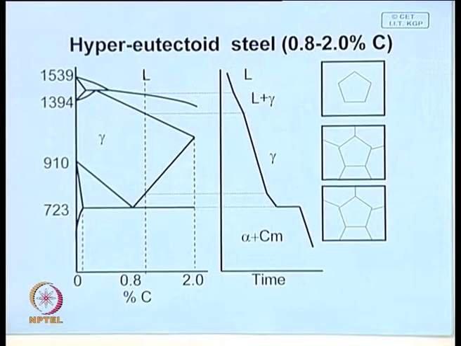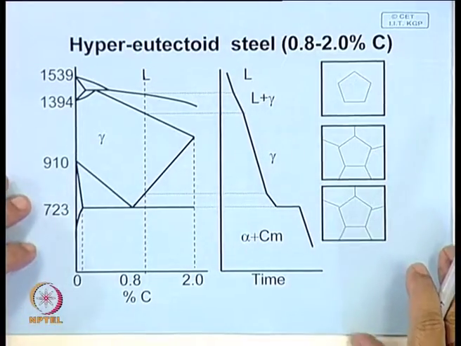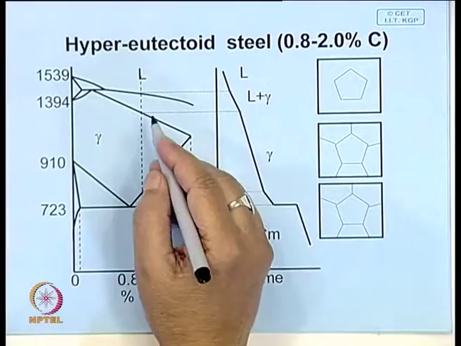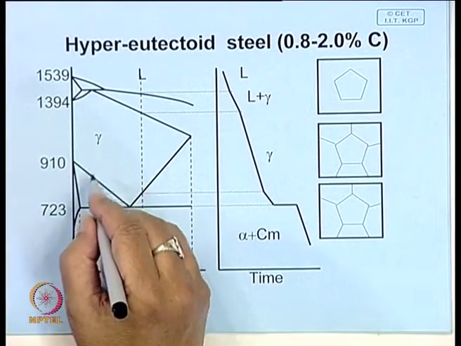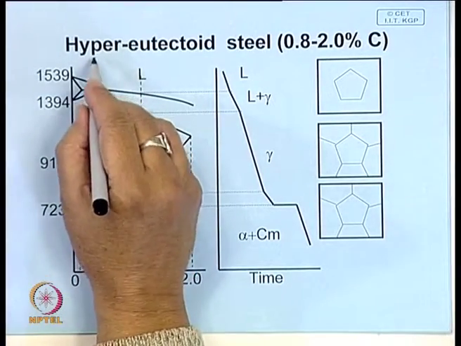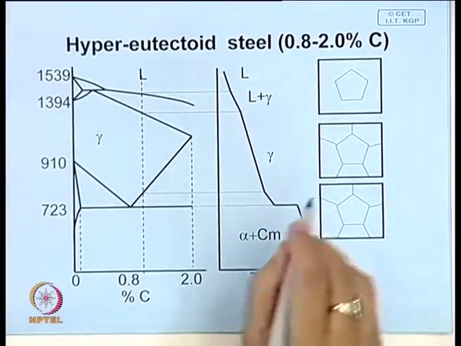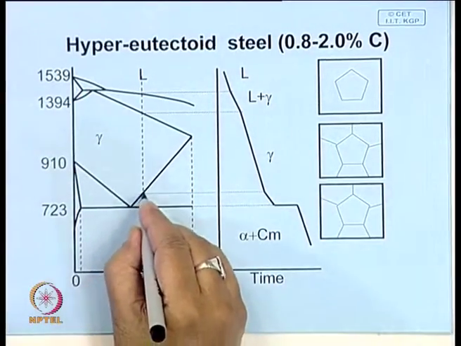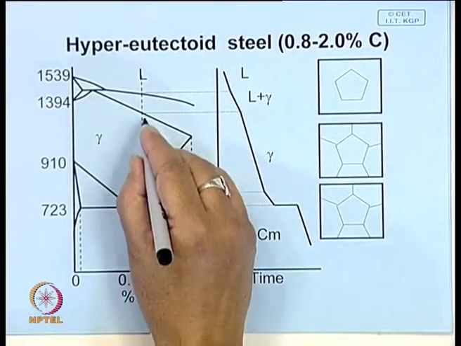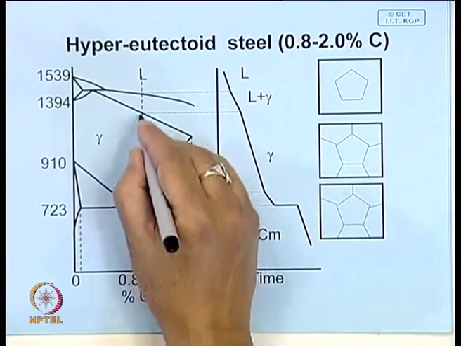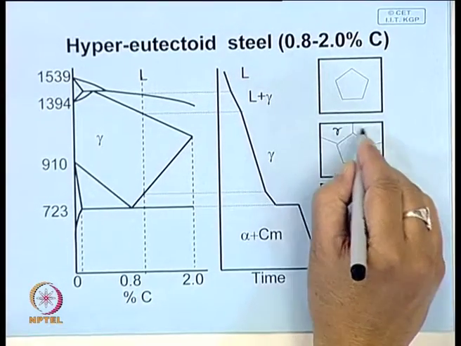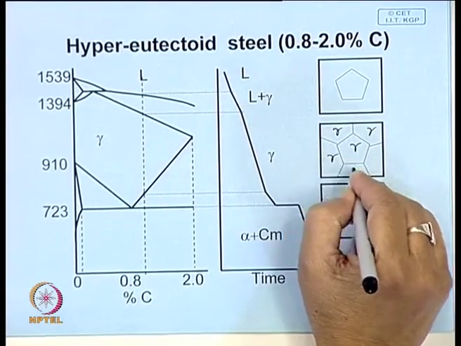Now, how about the structure of a hypereutectoid steel? Here the process of transformation will be exactly similar to the one that we considered in the case of hypoeutectoid steel. Here again the cementite will start precipitating out at the temperature, say, until here it is normal solidification, which we have seen in most cases.